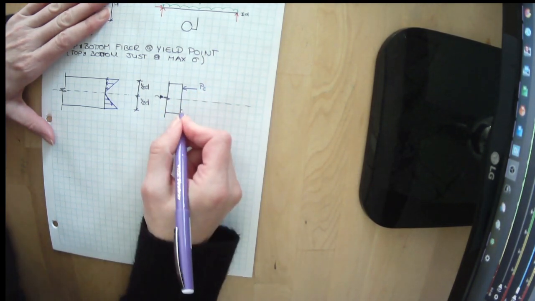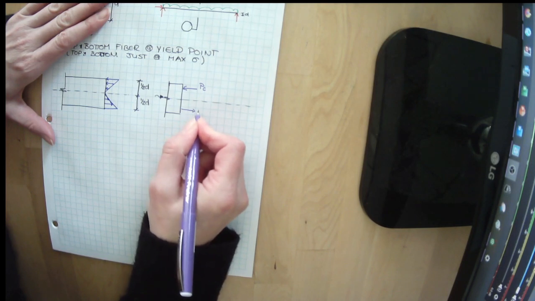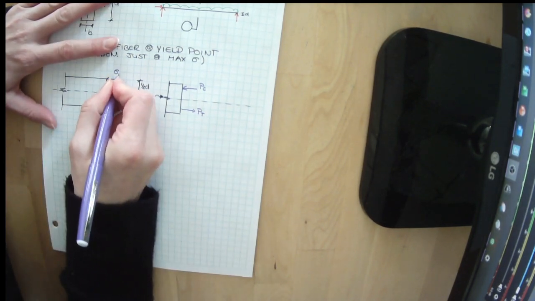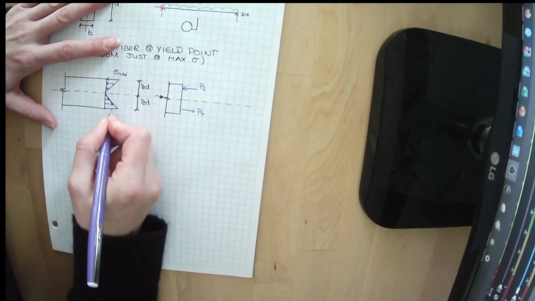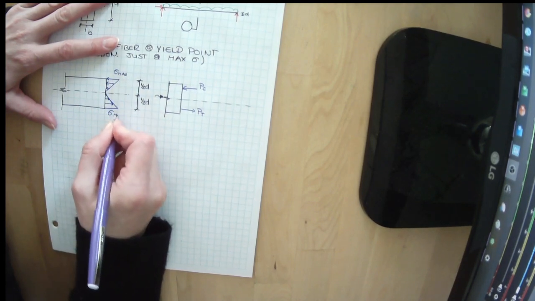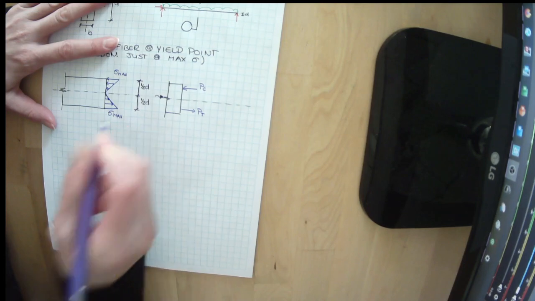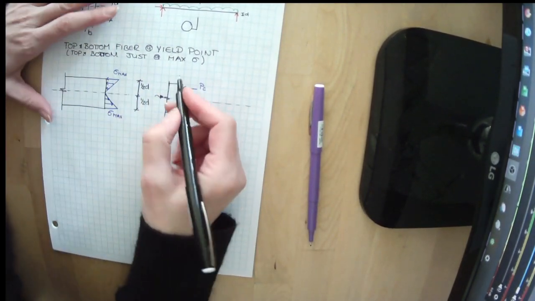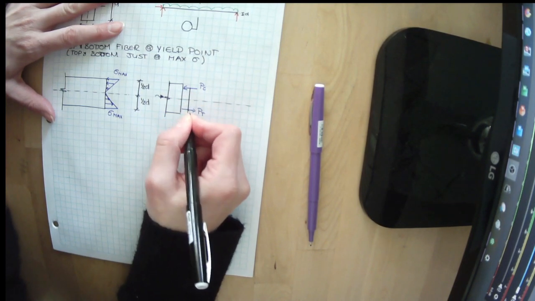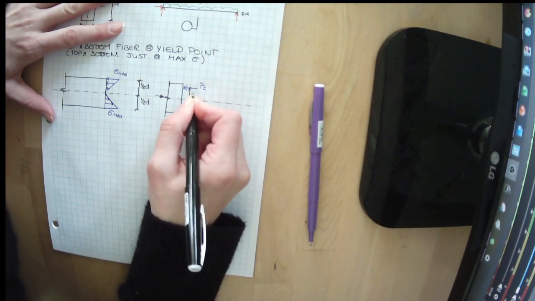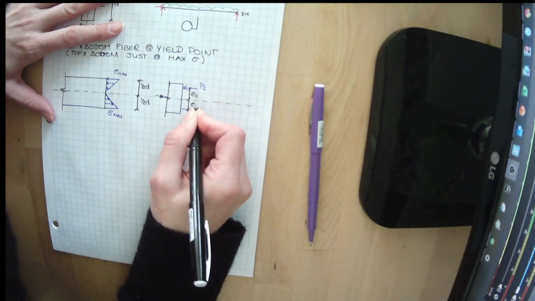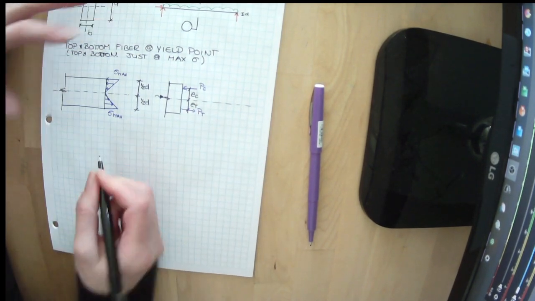Or we could say P due to compression and P due to tension. Let's just write this here for ourselves. And each of these has an eccentricity. That's the eccentricity for compression, and that's the eccentricity for tension.